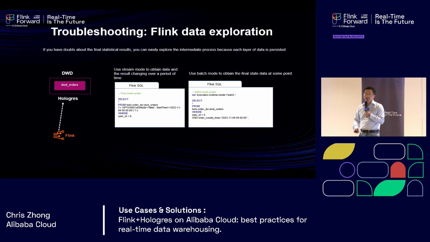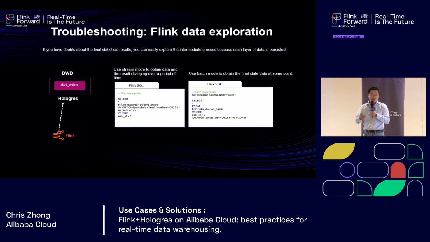And yeah, one question is how to do the troubleshooting. Before, if we set up a separate platform for real-time and a batch system, and we store data in a Kafka message queue, it's really difficult to do troubleshooting. But now we are in Hologres. Hologres is a real-time data warehouse.